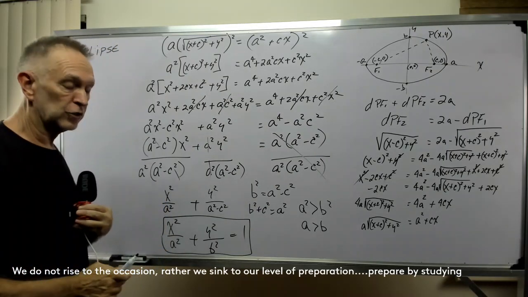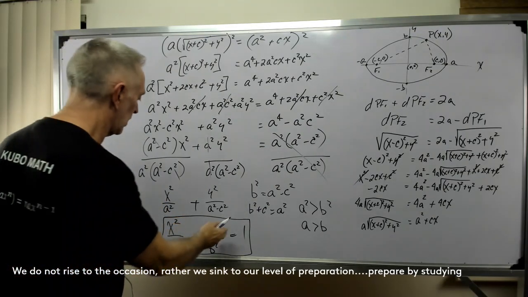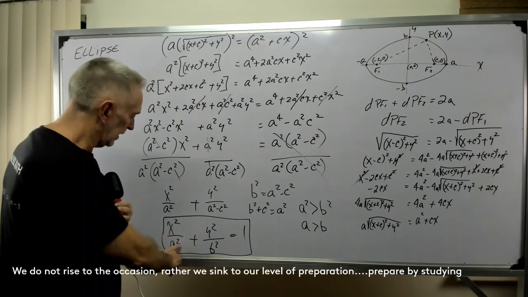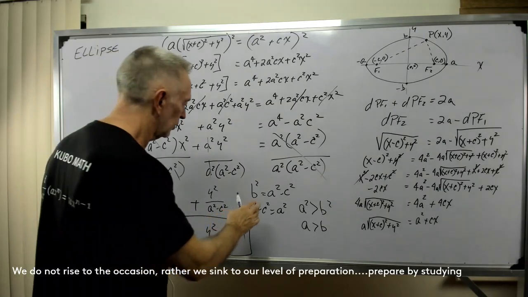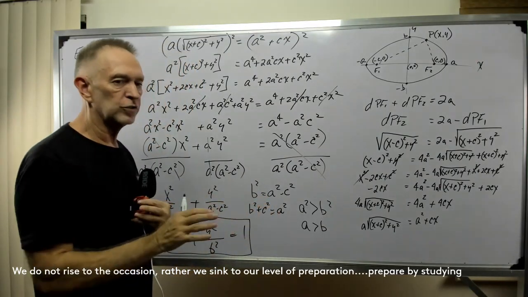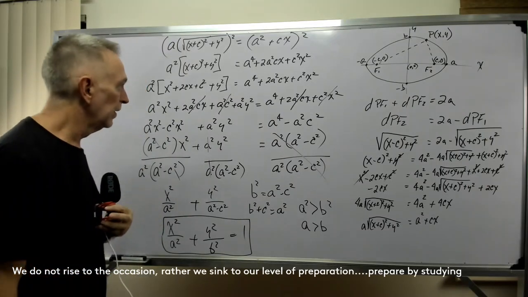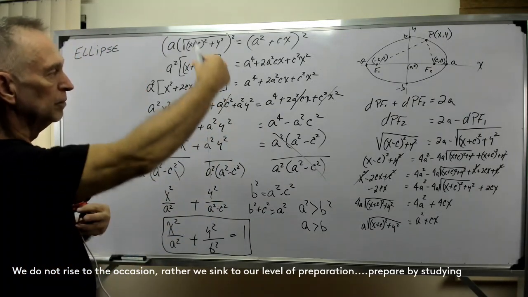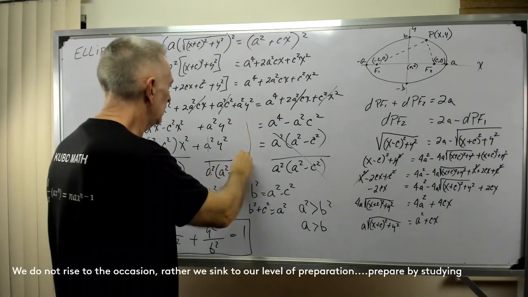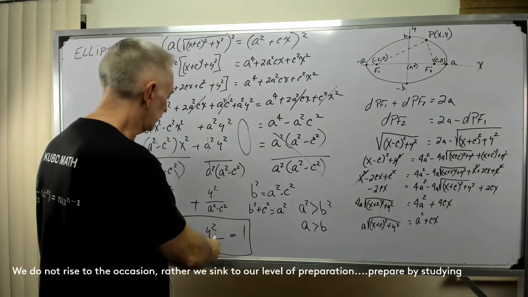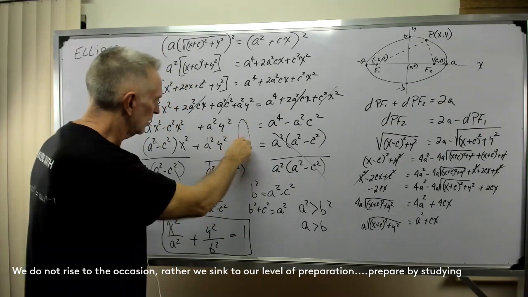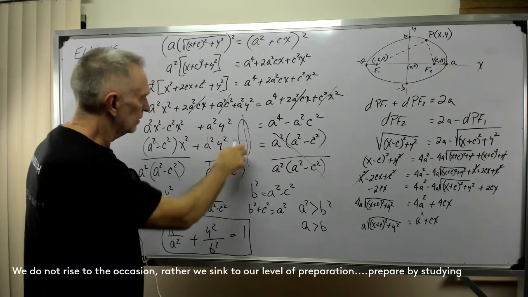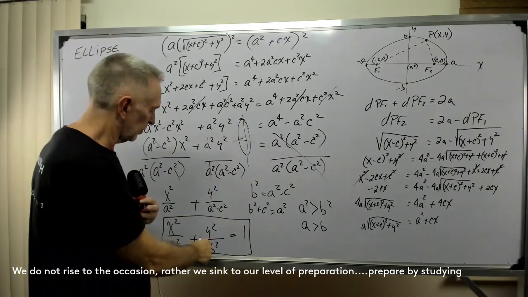X squared over a squared plus y squared over b squared equals 1. Now again, a squared is the larger of the two numbers that you end up with, and that defines the major axis. It could be turned up like this. I mean, it could look like this. And if that's the case, then the y value obviously is the larger number.